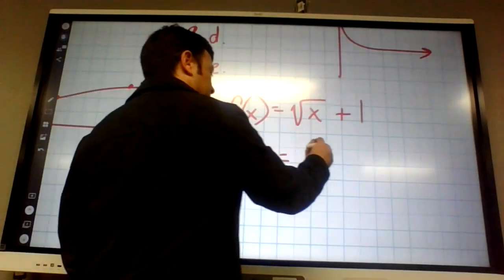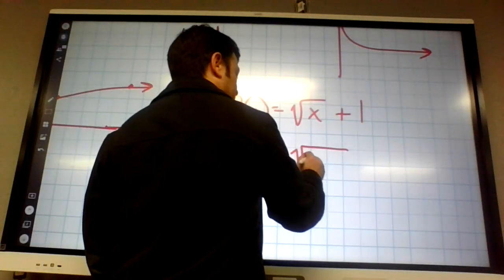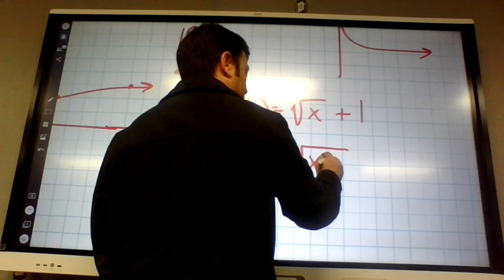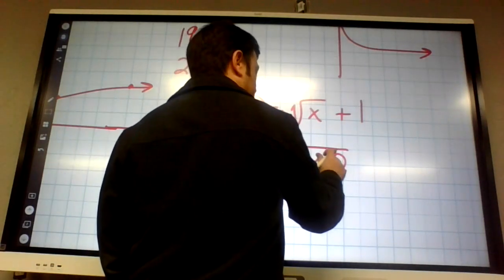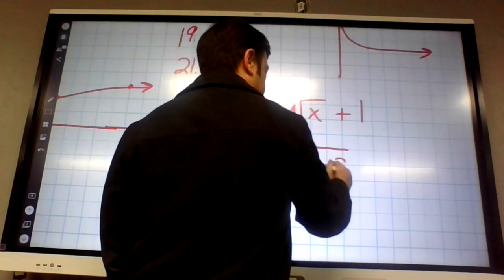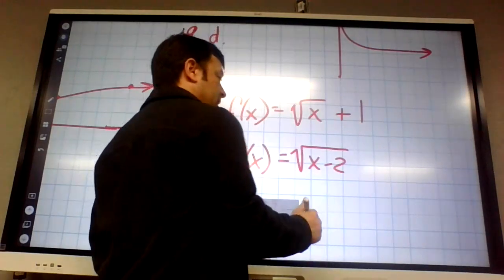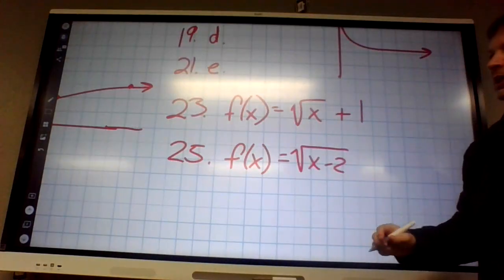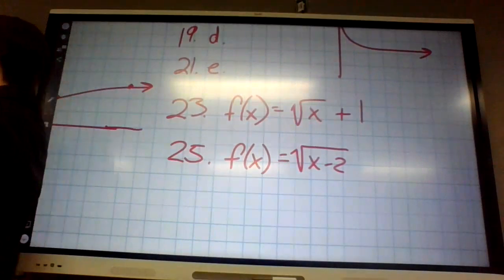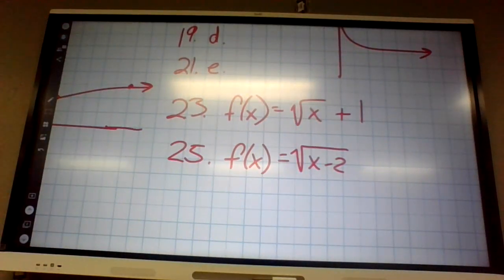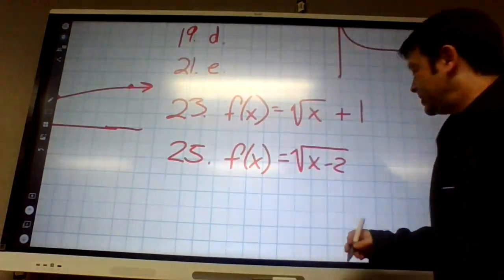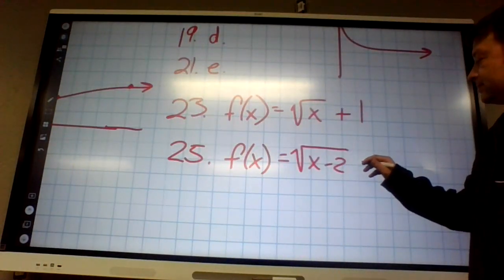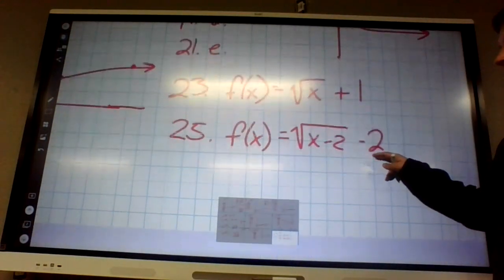How do I make it go 2 to the right? Minus 2. Right. Put that up there. And then how do I make it go down 2? Minus 2 on the outside.